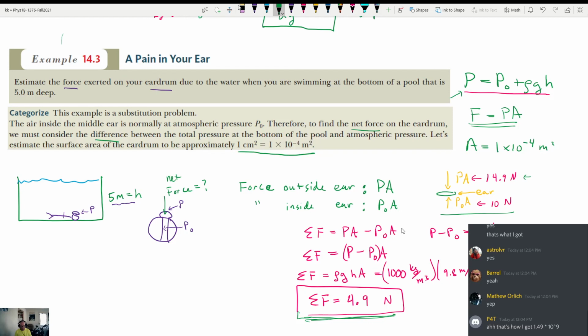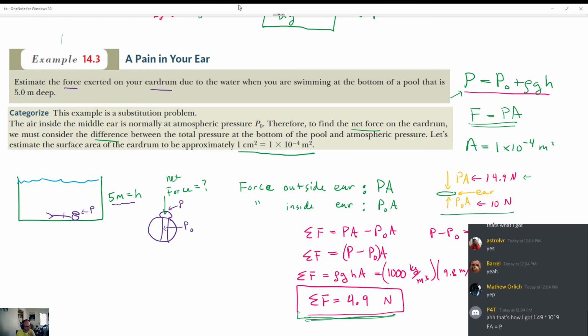Yeah, that's exactly what happens. So in this case, it's the difference. That's the key thing in this case, that you have to find the difference between the two pressures to find the total force. Okay, so that's a decent variation of pressure with depth problem.